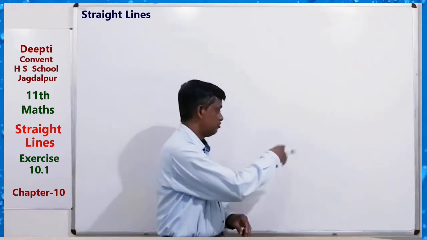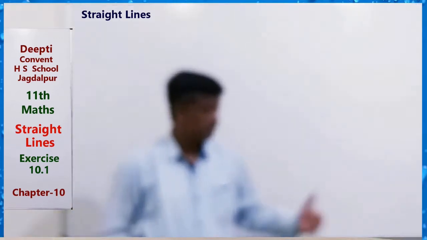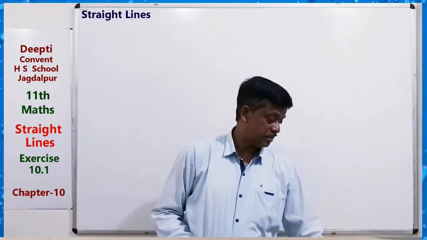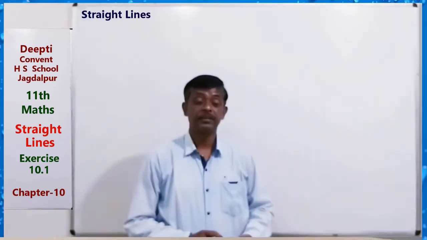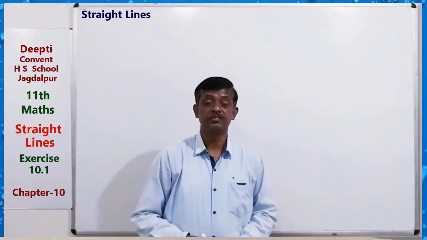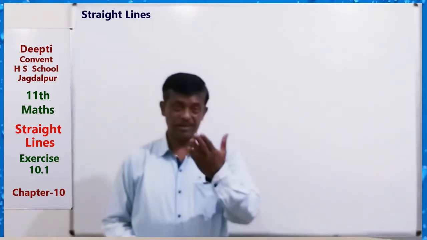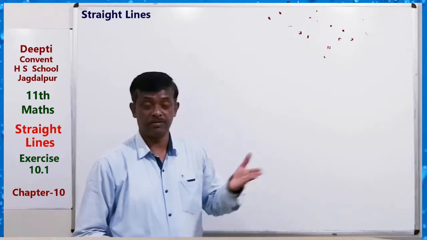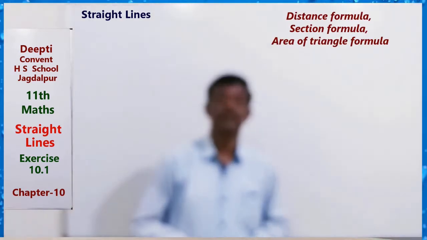Euclid geometry we study with diagrams and some properties, but in higher classes, starting from 11th class, we use coordinate geometry. You have already been introduced to coordinates of points in a two-dimensional plane.